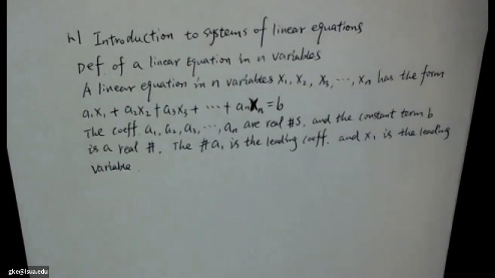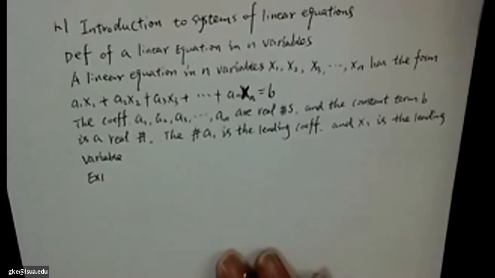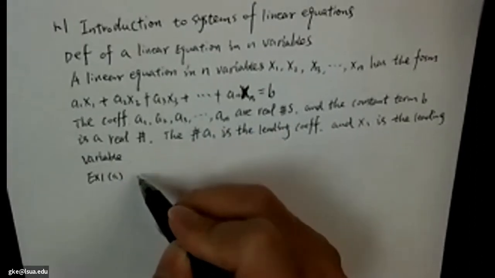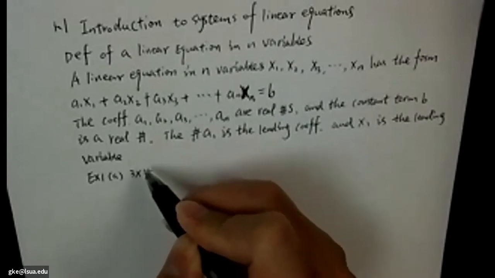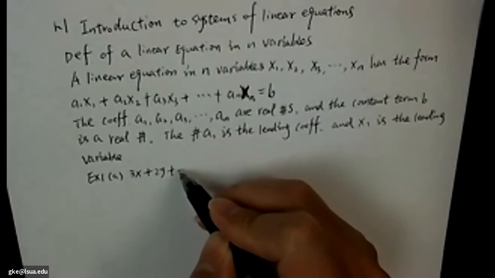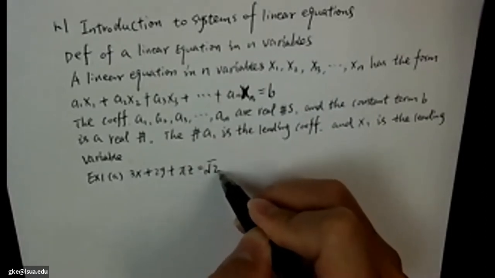The first example is here. 3x plus 2y plus pi z equals square root of 2.